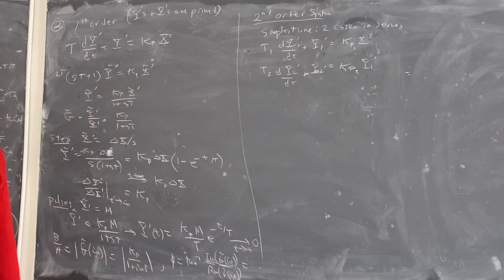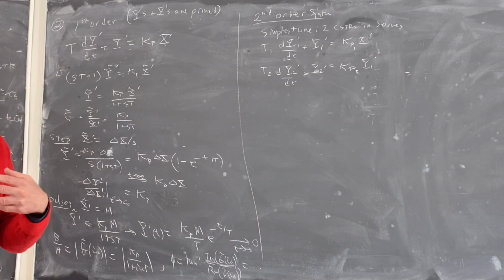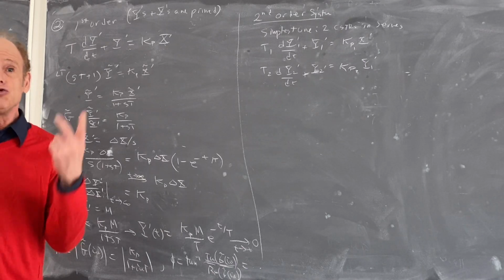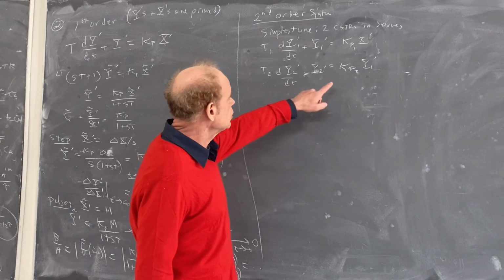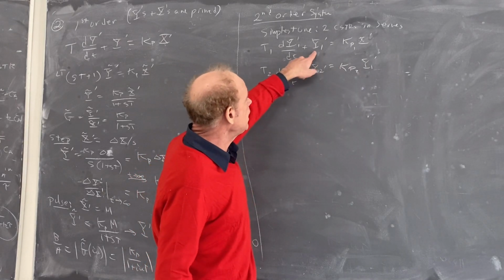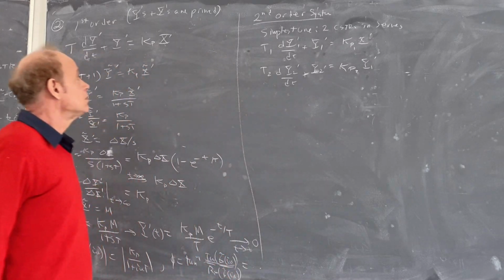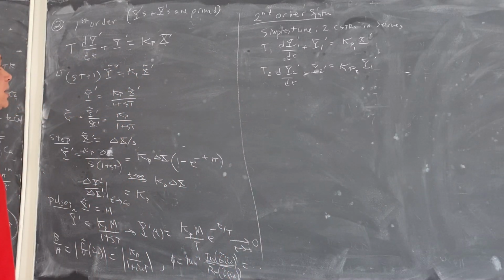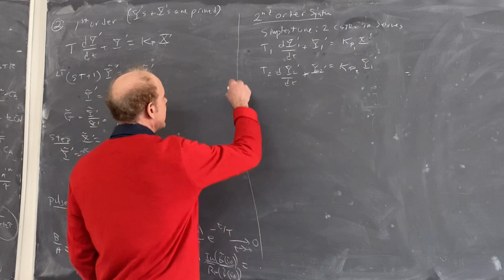Now, I've never formally shown you that this is a second order system. Second order means two derivatives, not one. So one way of doing that is I can just plug in for y1. Let's multiply the first one by Kp2.